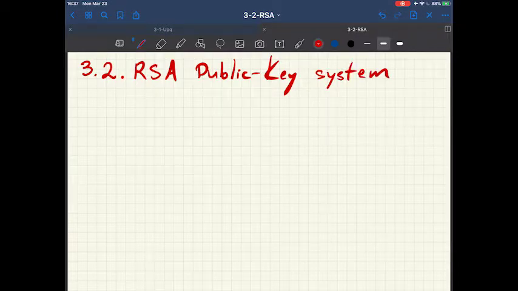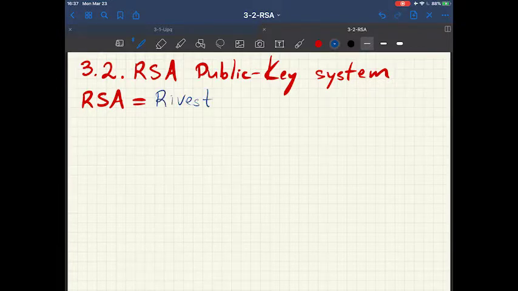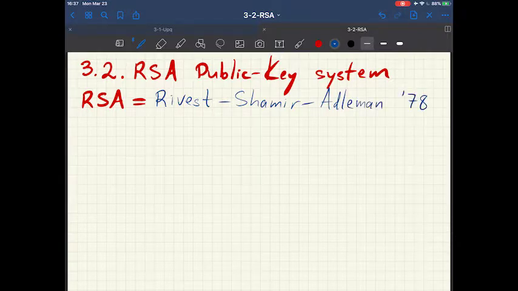Now, RSA stands for the initials of the three researchers that invented this algorithm: Rivest, Shamir, and Adleman. And this is a venerable old algorithm that goes back to 1978.